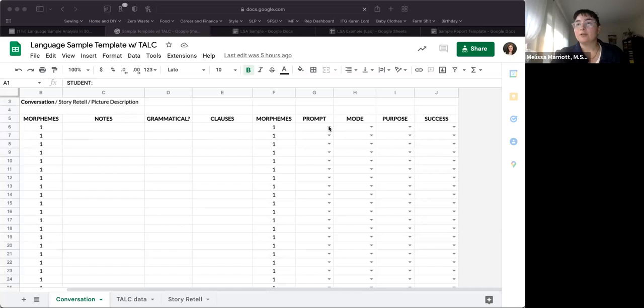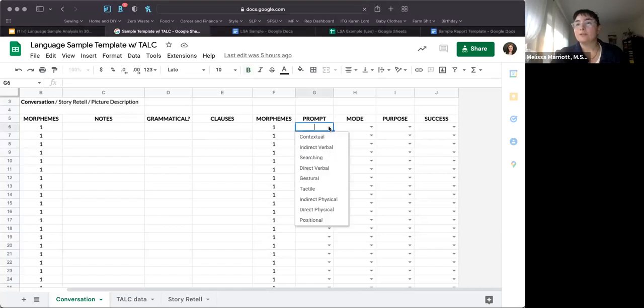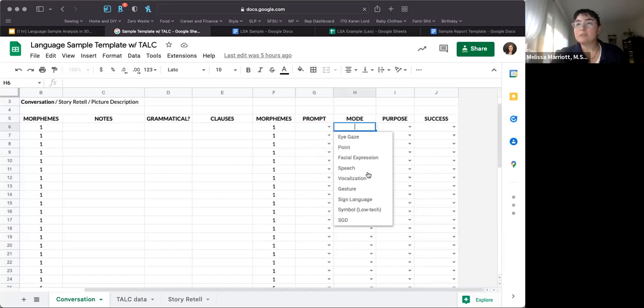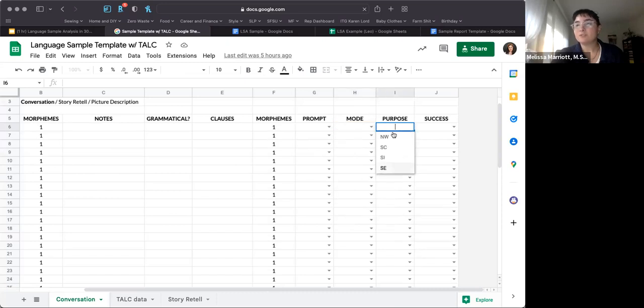So whether or not those things were prompted and how, what modality was being used to communicate, the purposes for communication, expressing needs and wants, social closeness, sharing information, and social etiquette, I believe, is maybe the last one.